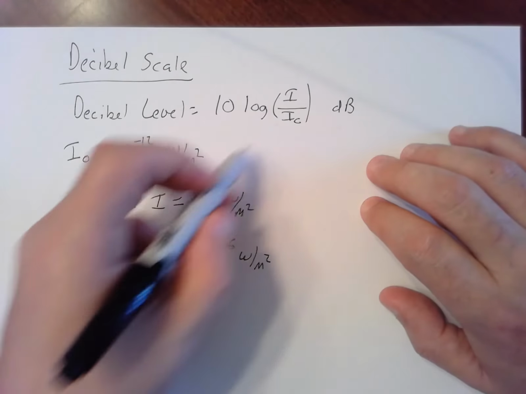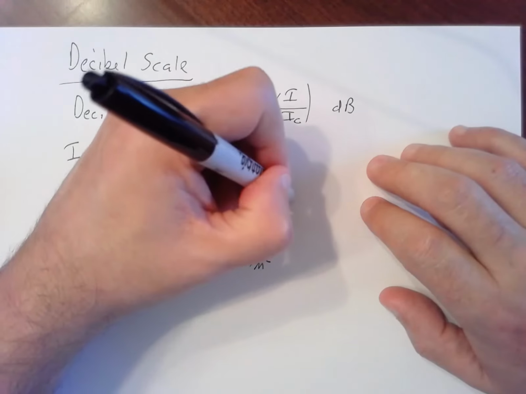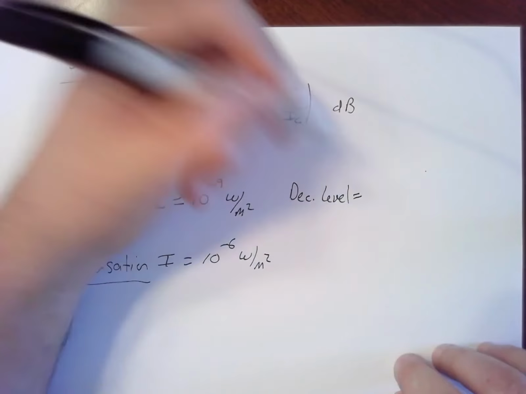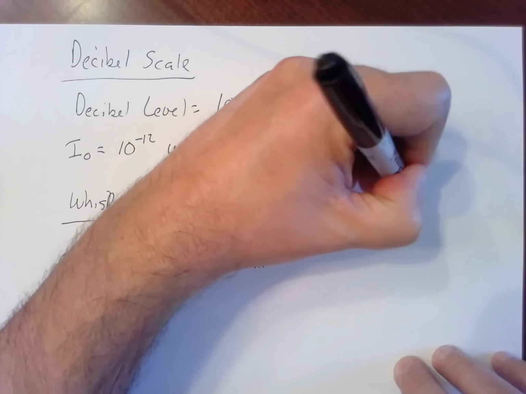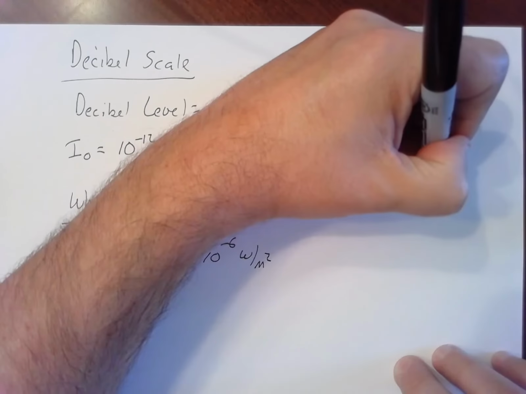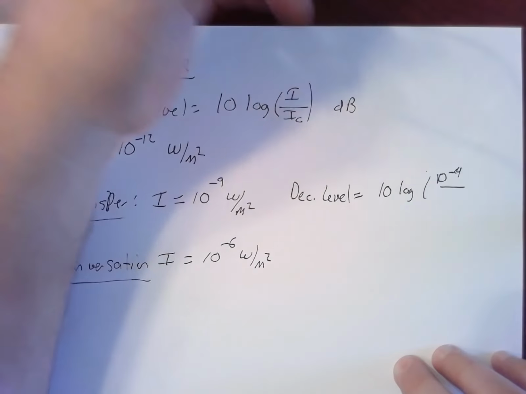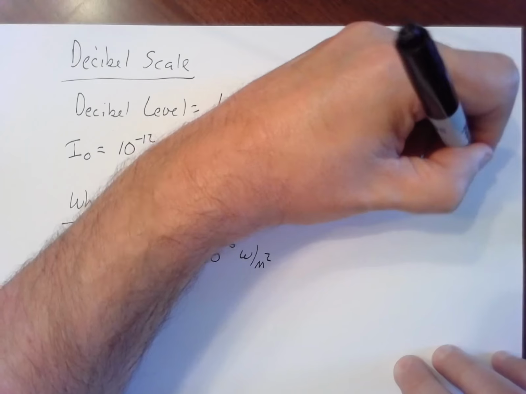Okay, so we just plug in this I value here. We'll get our decibel level equals 10 log of 10 to the negative 9th over 10 to the negative 12th.